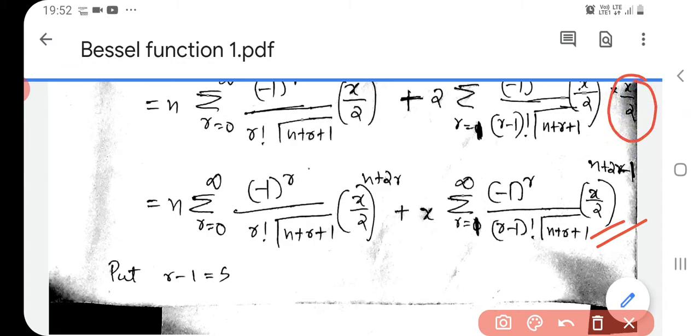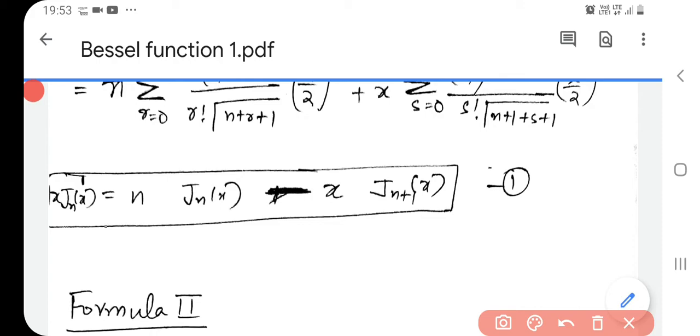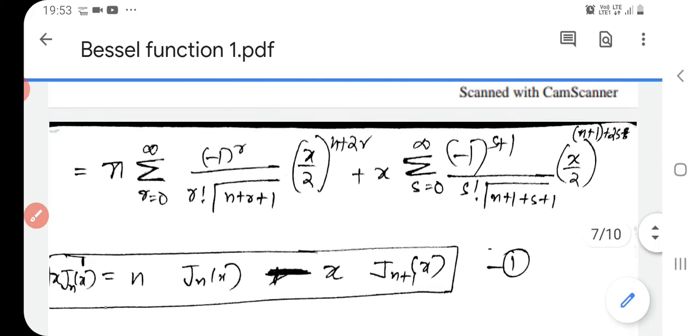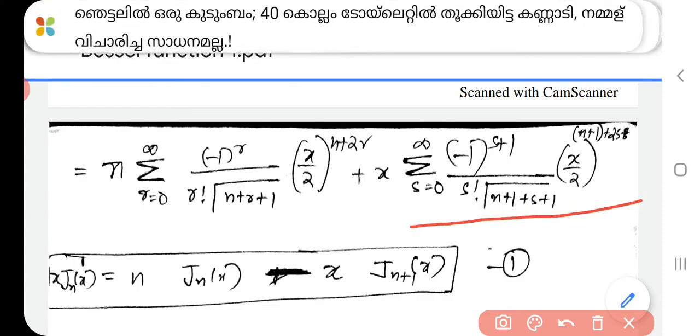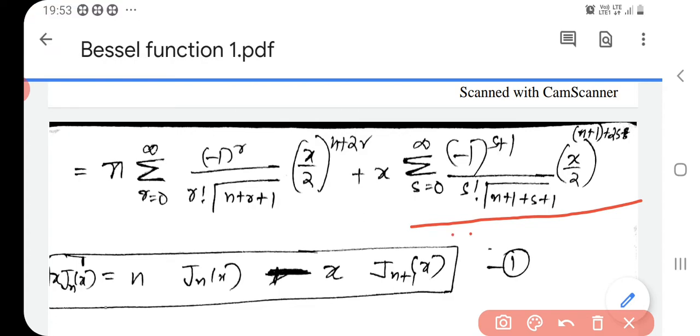You will be getting an x by 2. That x comes here and this 2 will cancel with these 2. That's how you get an x here. So here in terms of s, you will have minus 1 to the power s plus 1 over s factorial gamma n plus 1 plus s plus 1. Here you have n plus 1 plus 2s.